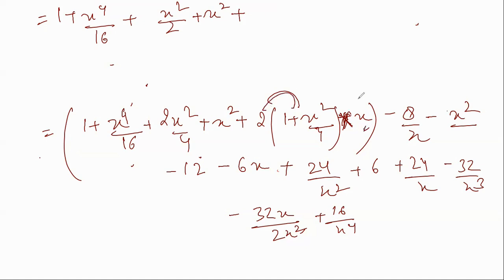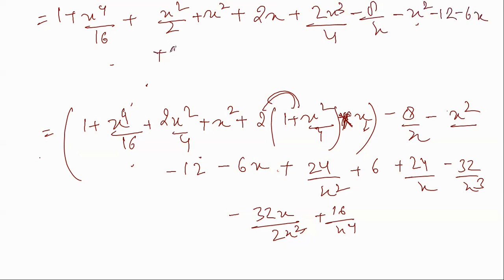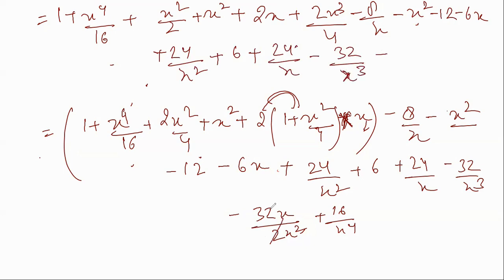So 2 and x also multiplying. So 2x plus 2x cube by 4. This is x by 2 or x only? Minus 8 by x minus x square minus 12 minus 6x plus 24 by x square plus 6 plus 24 by x minus 32 by x cube plus 16 by x square plus this one.